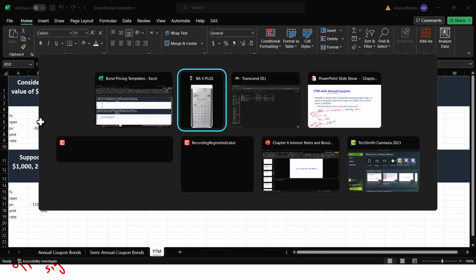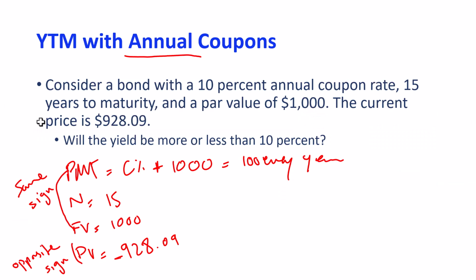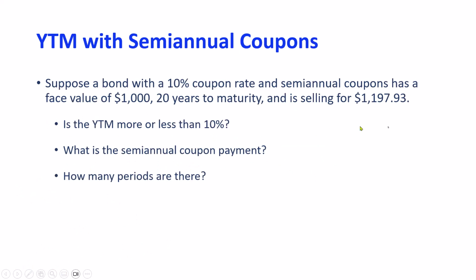Now, this is the simple case, but as you remember, most of the bonds in the US are paying coupons semi-annually. So let's look at a semi-annual bond. Suppose a bond with a 10% coupon rate and semi-annual coupons has a face value of 1,000, 20 years to maturity, and is selling for $1,197.93.